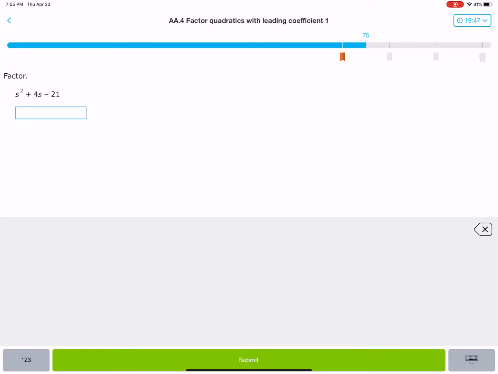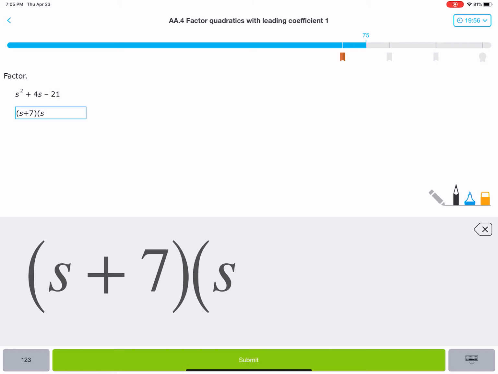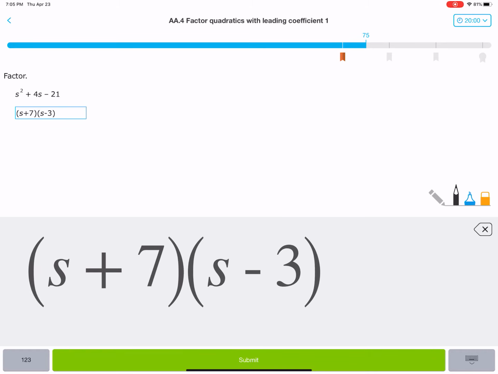Okay, so I know it's going to be x plus 7, x minus 3. That 7 and the negative 3 give me the positive 4 I was looking for.